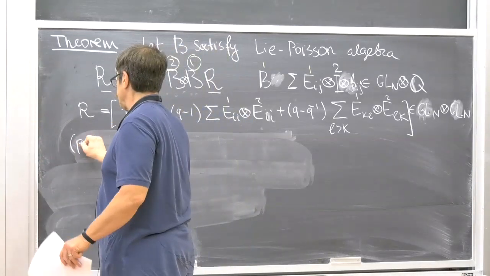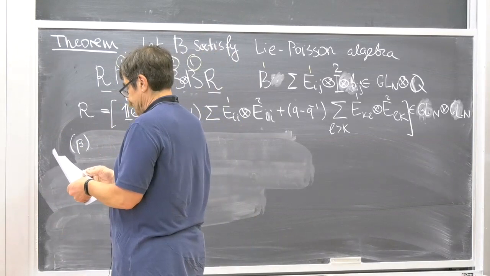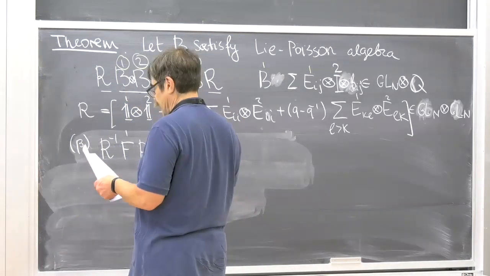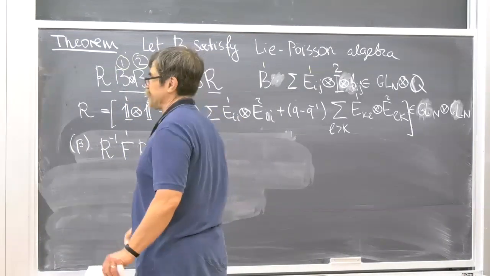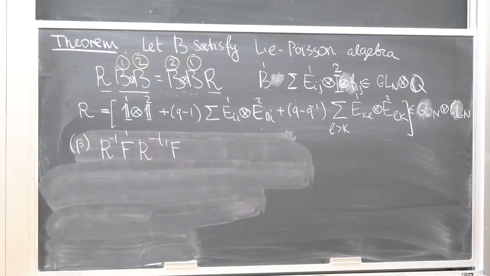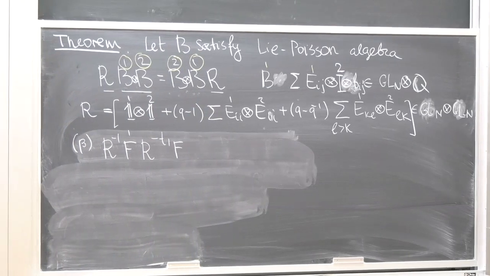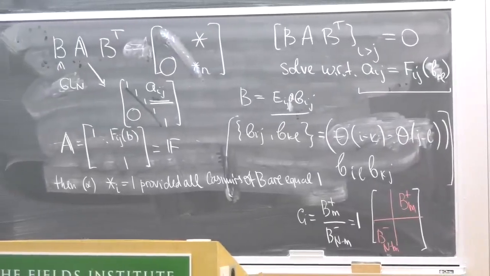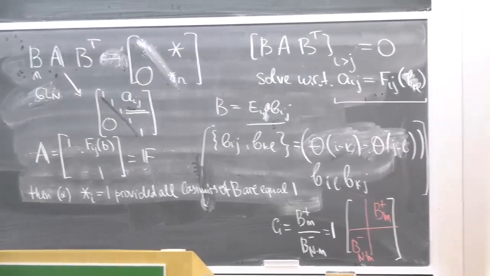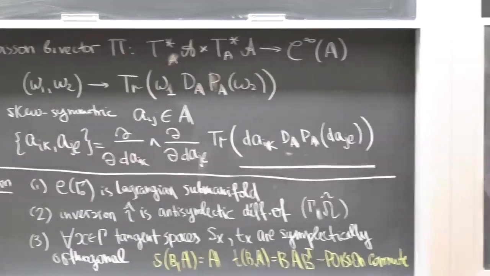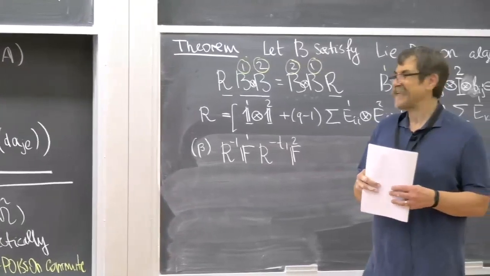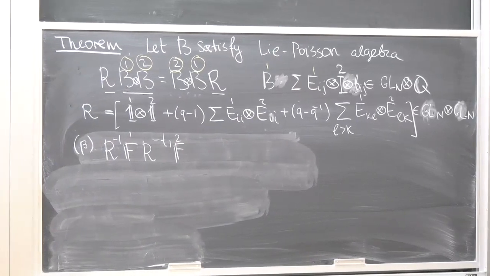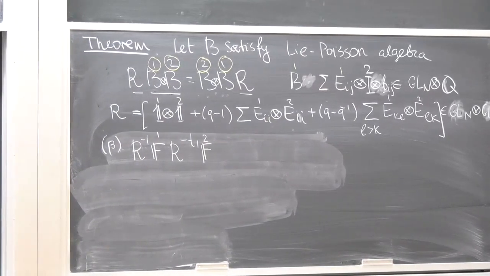So first, second, B. If I consider now quantum relations between the corresponding elements of this matrix, so let's call it a matrix F. I can't see, sorry. Okay, I can leave it a little bit.